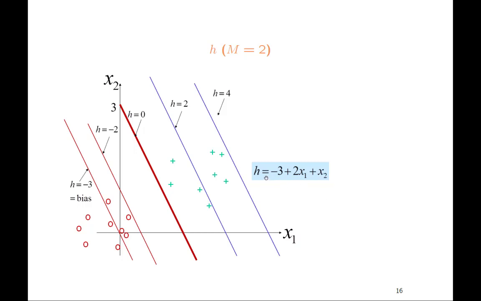If we set this to 0, we get a curve for x2 as a function of x1, which is this one. This is the so-called separating hyperplane, in this case a one-dimensional manifold. Everything to the right of it, we classify as class 1 or plus, and to the left everything as class 0 or -1.